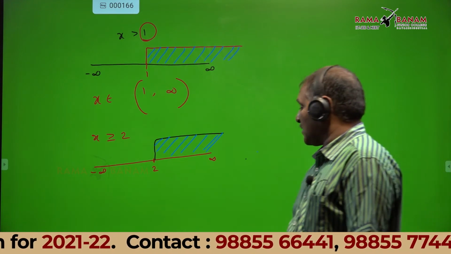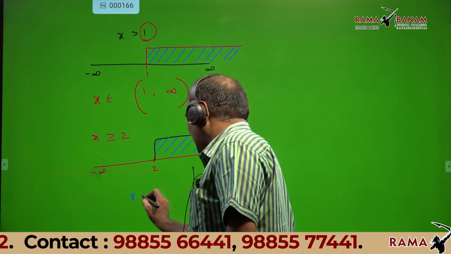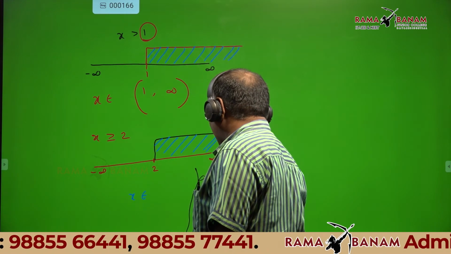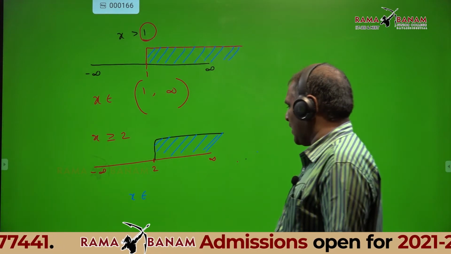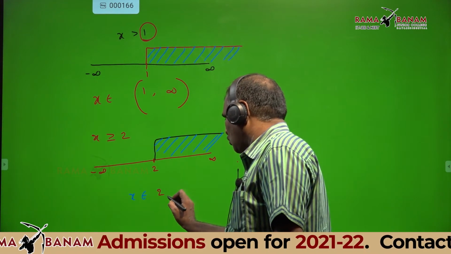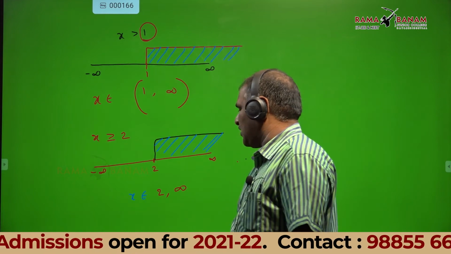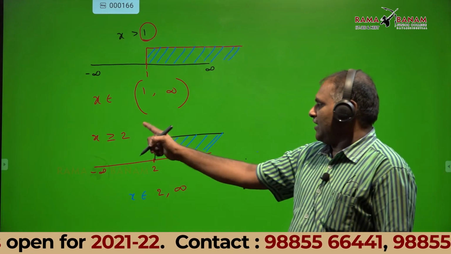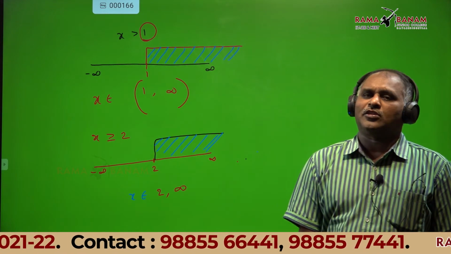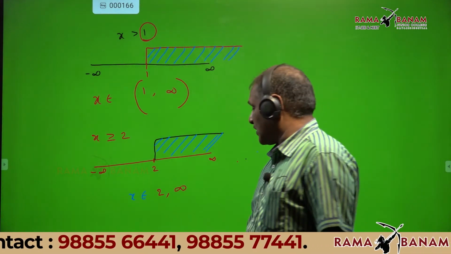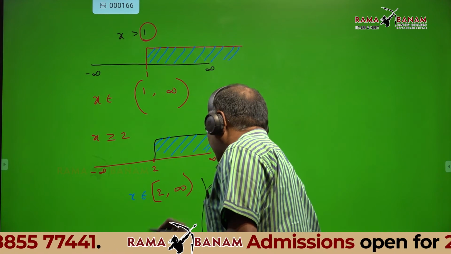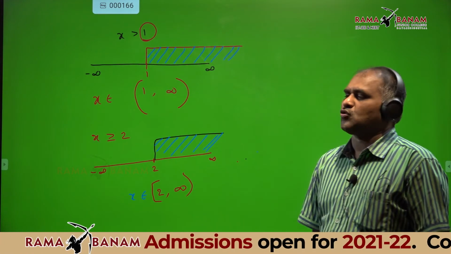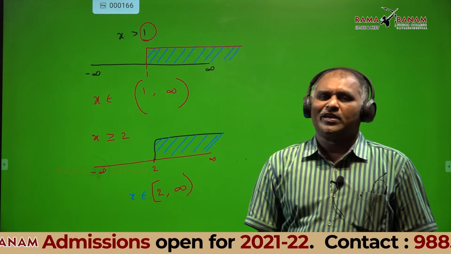Therefore x belongs to, the beginning is 2, the ending is infinity. But here, is the equal to sign there or not? Equal to sign is there. That's why you use square brackets. Infinity is always an open bracket. Do you understand?